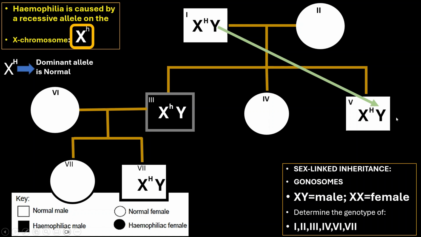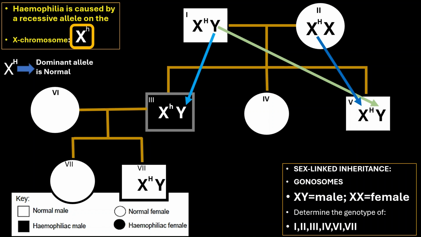The father gave the child the Y. That's why the person is a male. Now, males are XY. So if the Y came from the father, the X will have to come from the mother. So that means the mother carries a normal allele. That's why the mother is actually normal. All right. But we all know women are XX.